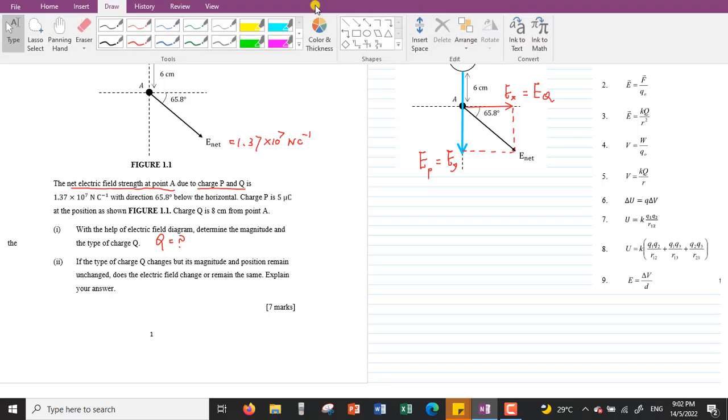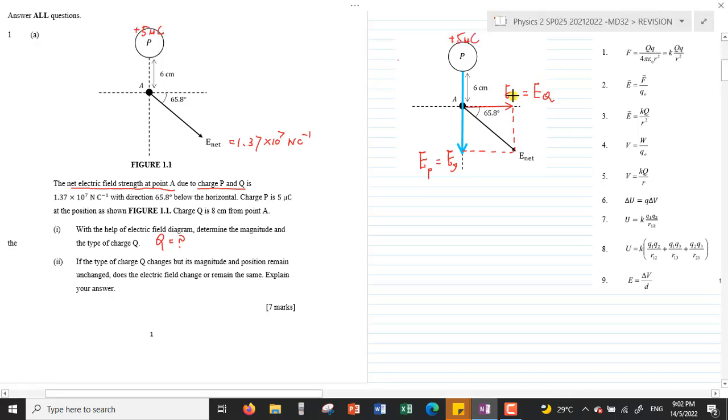So we might assume we have charge Q here, whereby the distance of charge Q from point A is 8 cm. When I put charge Q here, I can see obviously my electric field vector points into the charge.